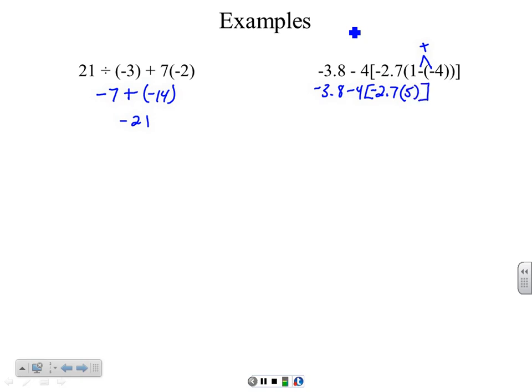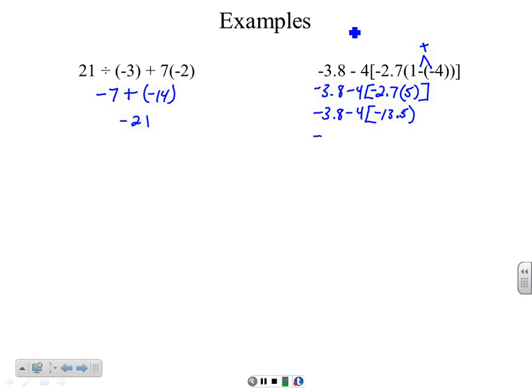Now we can do what's inside those brackets. So we'll just bring down the negative 3.8 minus 4, still going to be times what we get when we multiply negative 2.7 times 5. And so we'll have a negative 13.5. Okay, so the only thing we have left now is subtraction and multiplication. And of course, order of operations tells me to do the multiplication first.